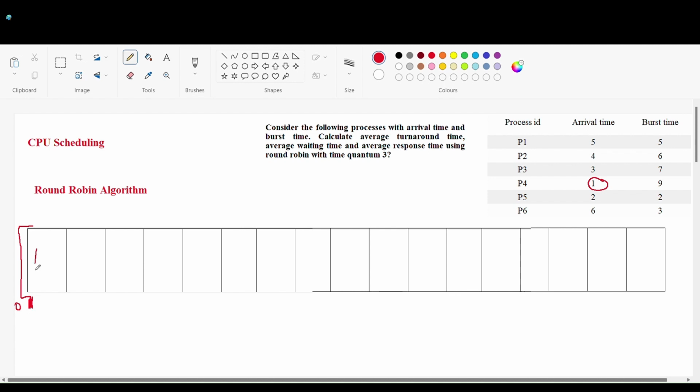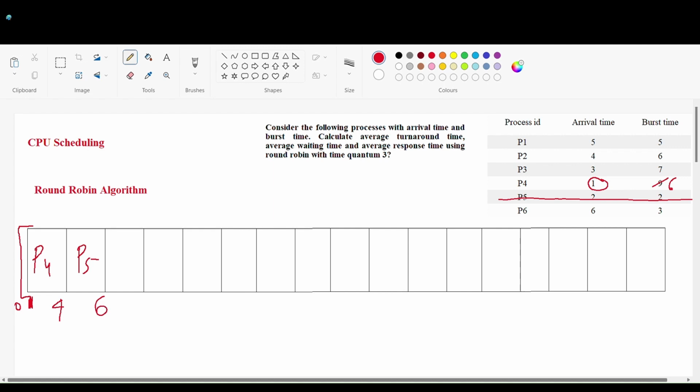P4 will execute from 1 to 4, right? Because the quantum is 3, it runs 3 times and 6 remain. Then P5 will start to execute and P5 will execute completely, up to 6.